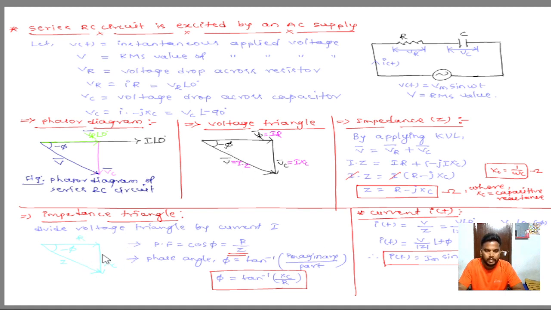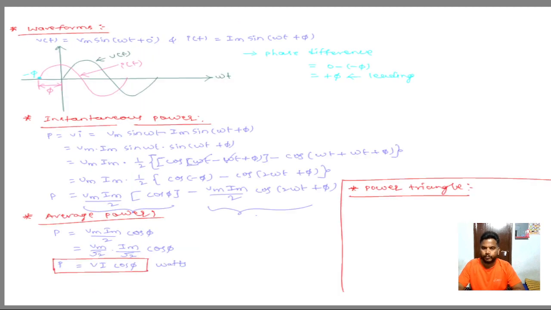If you want to get the power triangle, we multiply the voltage triangle by current I. Then we get the power triangle.